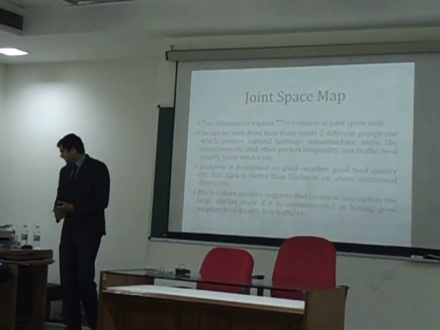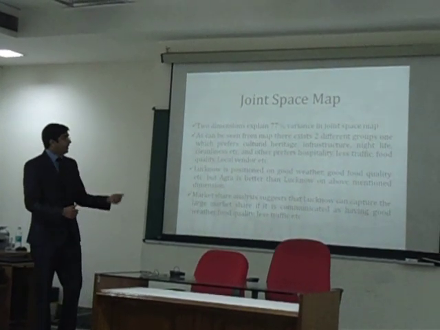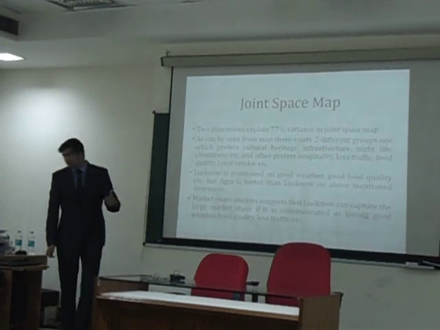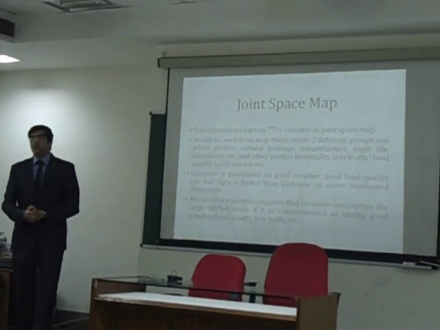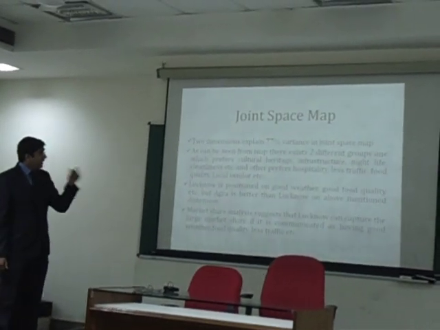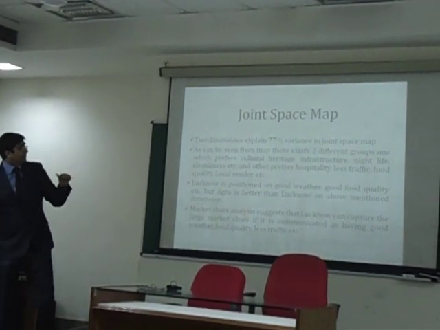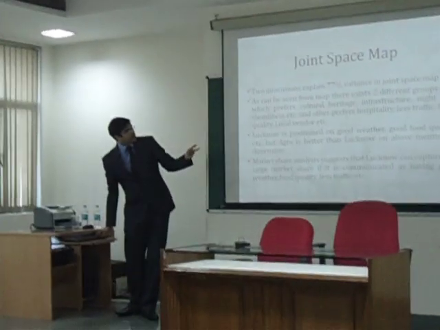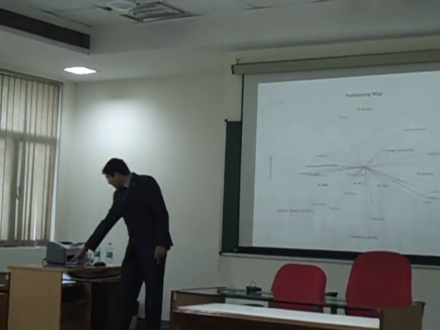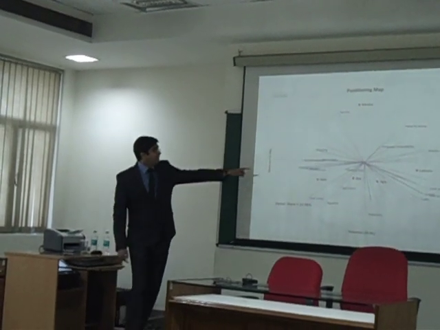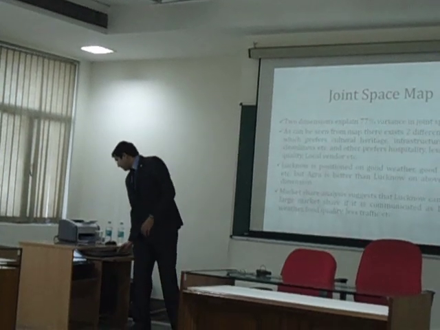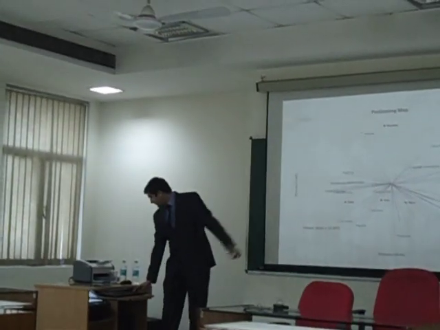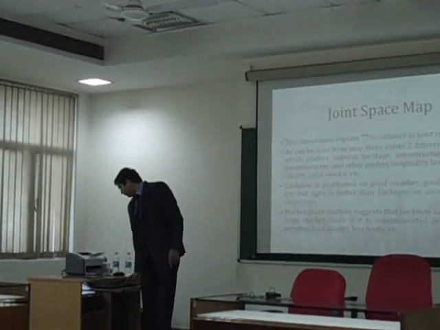Then we did a joint space map also, a mix of preference and perceptual map. Here two dimensions explained around 77% of variance, and as can be seen, there exist two different groups. One prefers cultural heritage, infrastructure and nightlife, based on how this dimension represents various variables. Lucknow is positioned as good weather, good food quality.